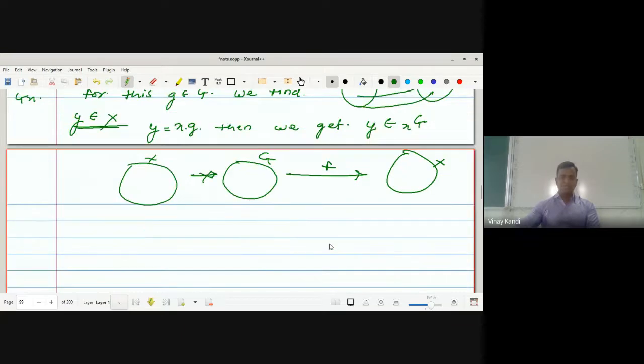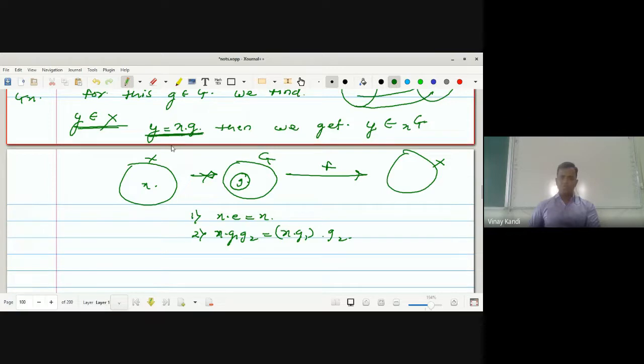That means कुठले दोन प्रॉपर्टीज सॅटिस्फाय होत आहेत? x, g1 g2 is equal to x, g1 into g2. ओके. हा g कुठून येतोय माझा? इथून. म्हणजे या आलेल्या एलिमेंट g साठी मी काय डिफाइन केलं? एक एलिमेंट माझा डोमेन मधला x. ओके. Any doubt? No, sir.